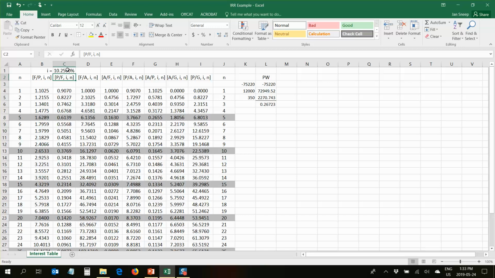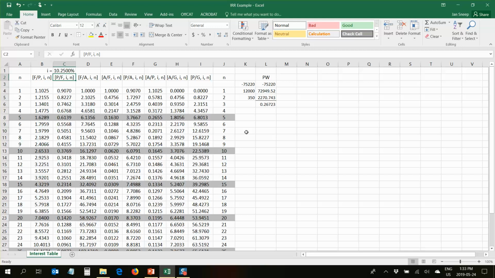There are built-in functions within Excel that would allow you to calculate the IRR if you spelled out the entire cash flow. So you could go and spell out the 12,000 all the way along, add in the 350 at year 6, and add in 700 at year 7, etc., etc., and solve for it using the built-in function as well. I'm not going to get into that.